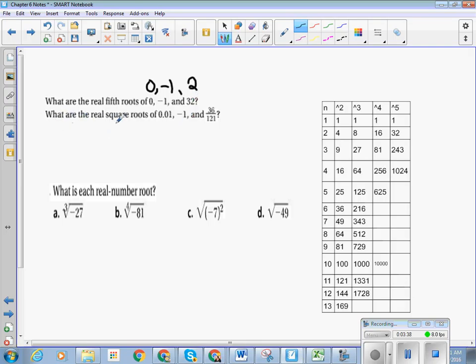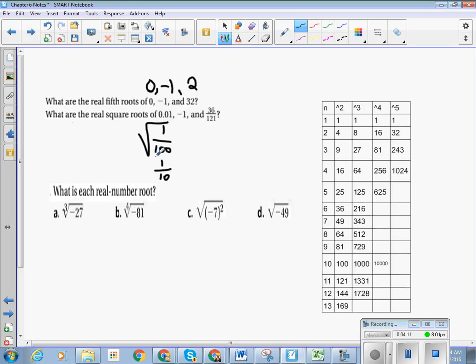So now we're going to do, what are the real square roots of 0.01, -1, and 36 over 121? When they're asking what are the real square roots of 0.01, it might be easier to see 0.01 as a fraction. So if I had 1 over 100, I can find the square root of 1 and the square root of 100.